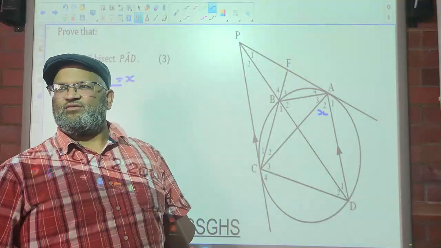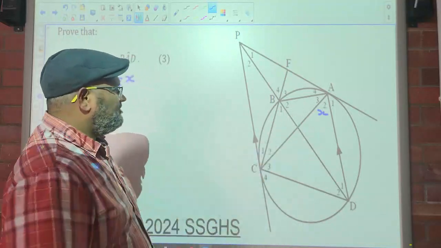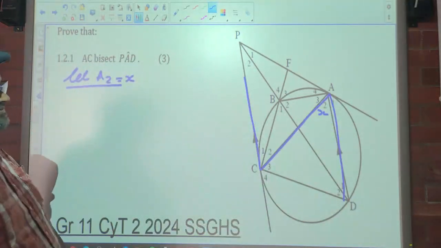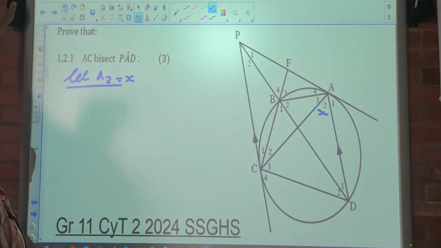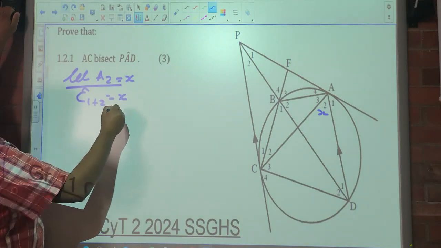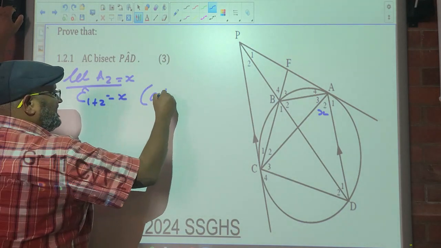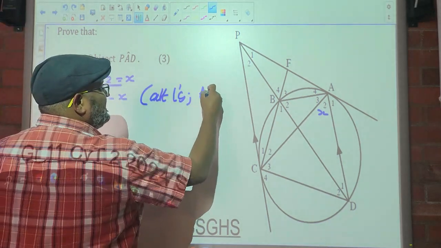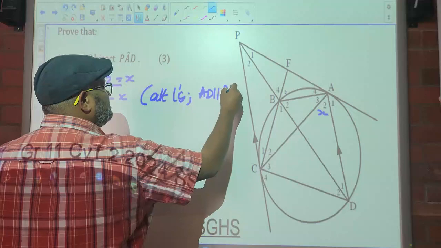So we see these are alternate angles here. So C1 and 2 is equal to X. Why? Alternate angles, with AD being parallel to PC.